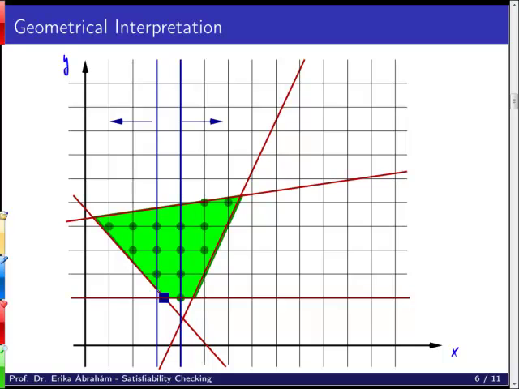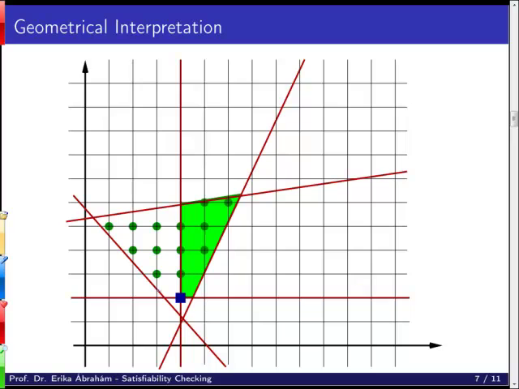So we branch again. Let's say we try now the right half, and if we call simplex, now we have this blue point, which is a vertex and which is integer. So by cutting, I can have luck and find also integer values, and then the search can stop.